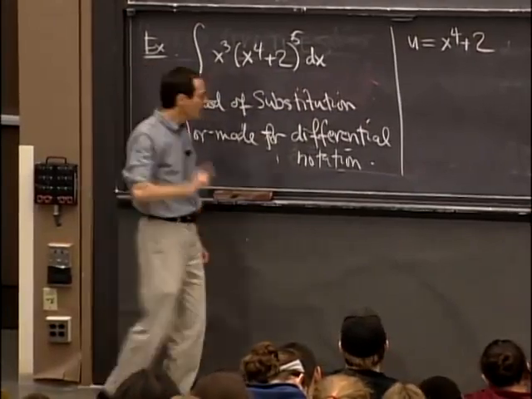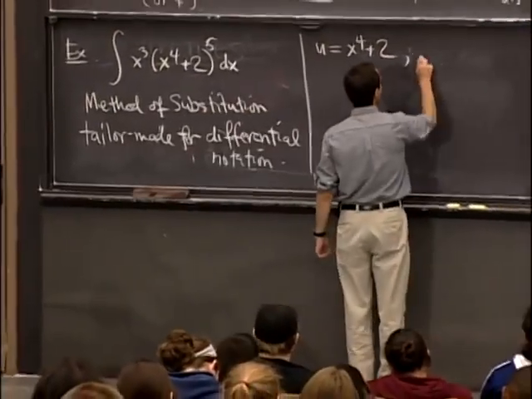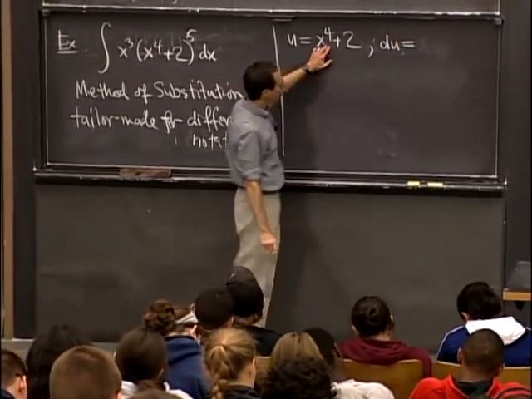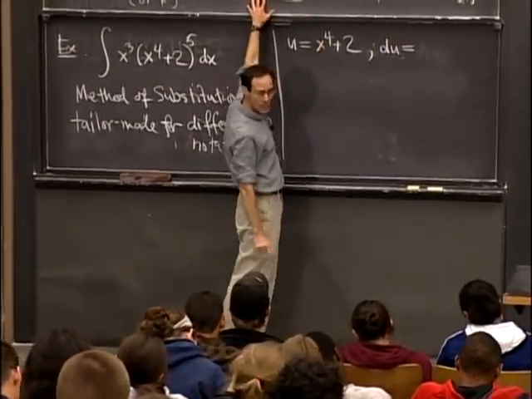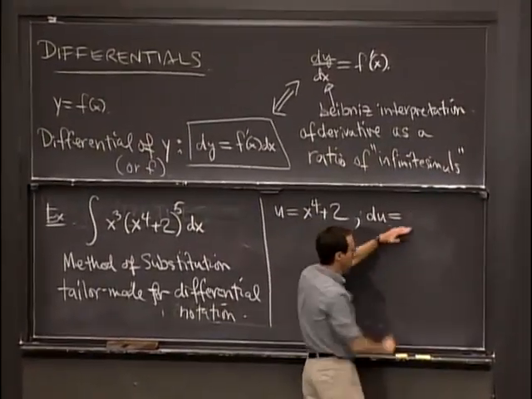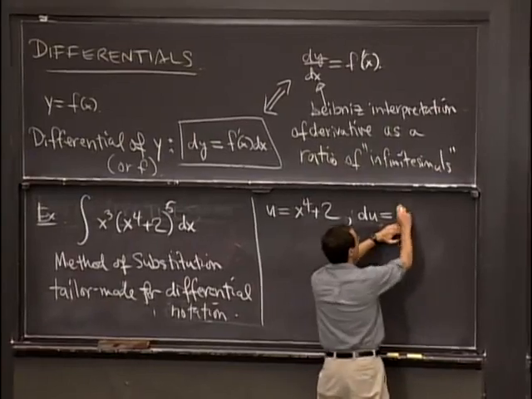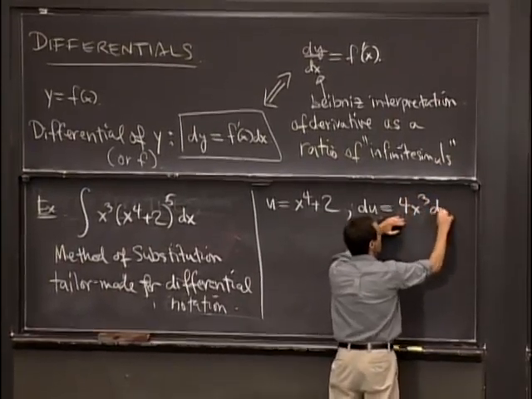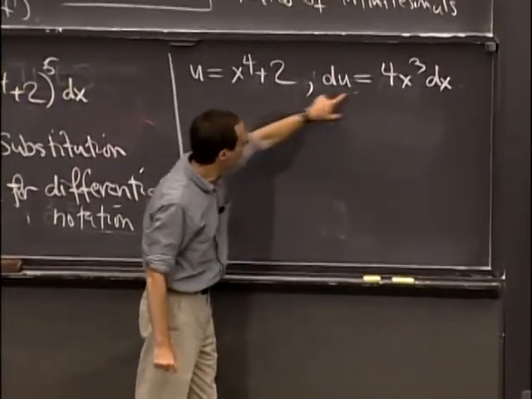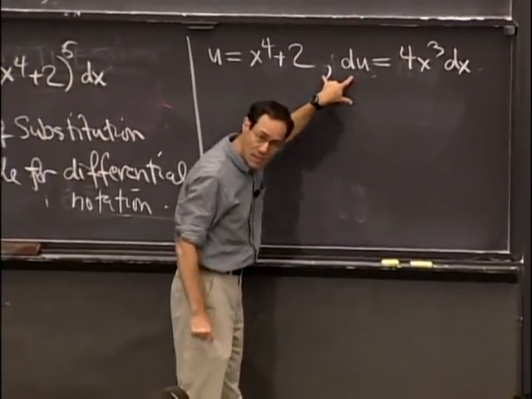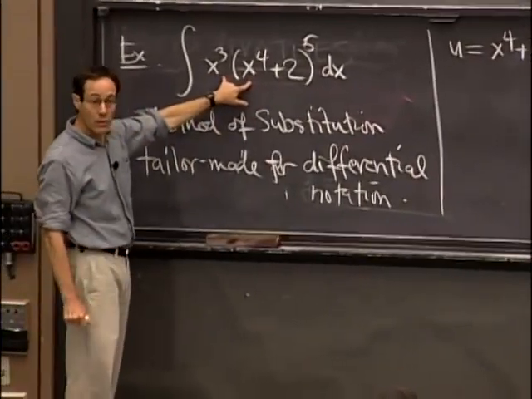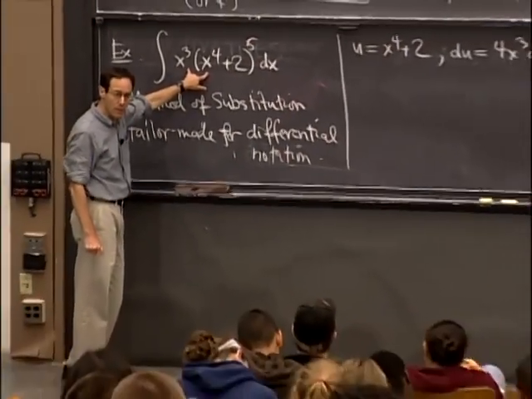And then I'm going to take its differential, and what I discover if I look at its formula, by the rule for differentials, which is right here, is that du is 4x cubed dx. Now, lo and behold, with these two quantities, I can substitute, I can plug in to this integral, and I will simplify it considerably.